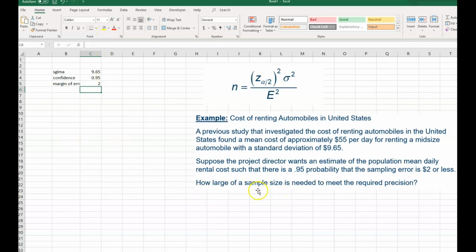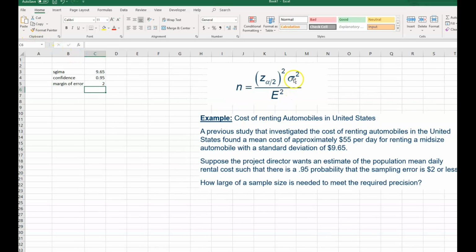So what is the sample size? From here we have three values: E, the margin of error, is 2, sigma is 9.65, and the confidence level is 95%.